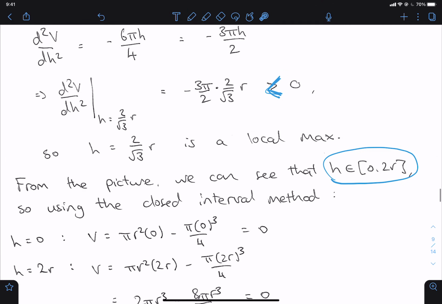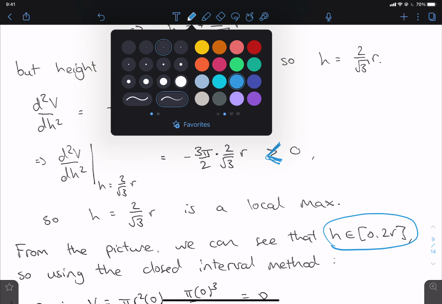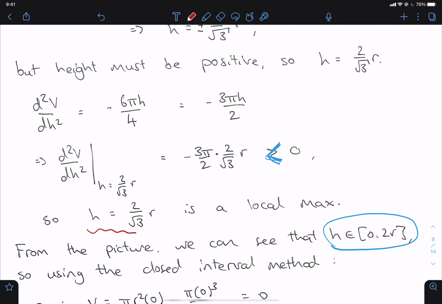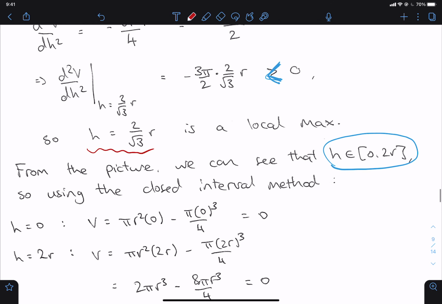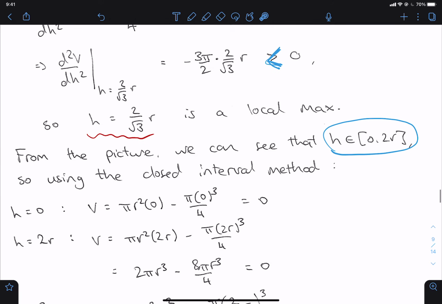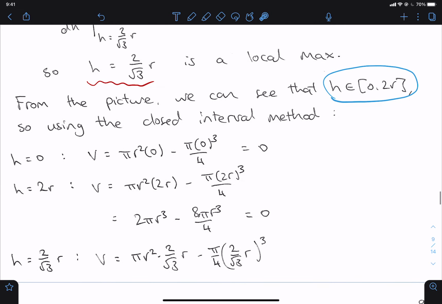And our critical number, that is h equal to 2 divided by square root of 3 r, sits inside this interval, okay? And because it's a local max, right, it's the only critical number, so it's also gonna be our absolute max. So we can just plug in this to compute this.